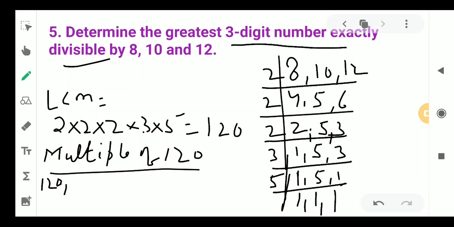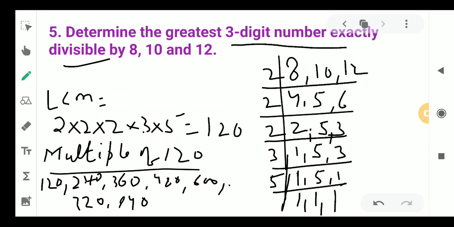So 120, 240, 360, 480, 600, 720, 840, then 960, then 1080.